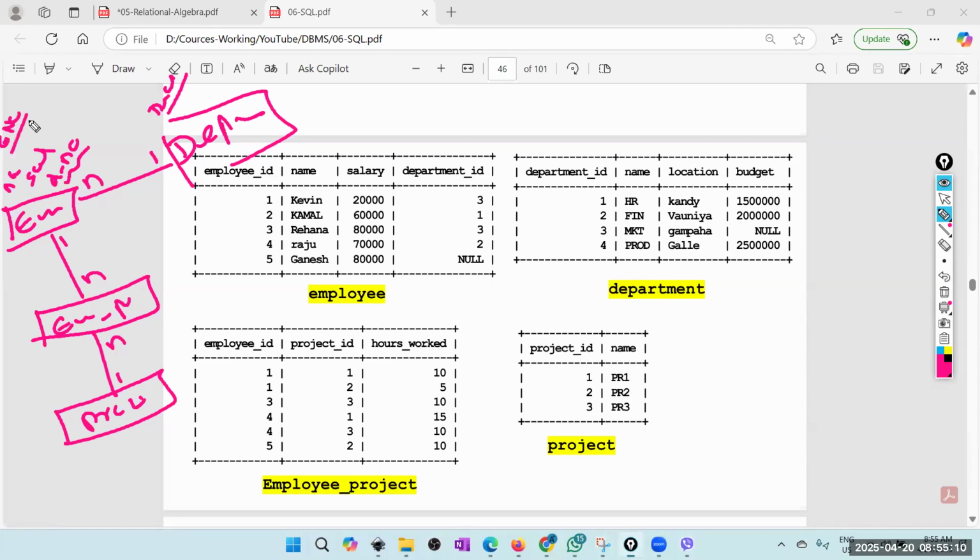Employee number is the primary key. Department number, department name, and location. Here project ID, project number, project name, and here of course, employee number, project number, and hours worked.